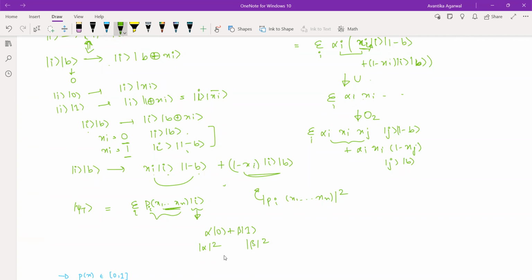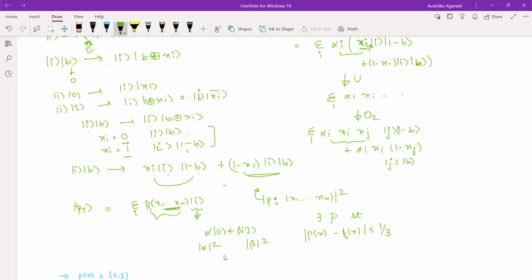So we have basically established that there exists some polynomial p such that, firstly, p(x) approximates f(x), because this p(x) represents our probability of giving the correct answer.